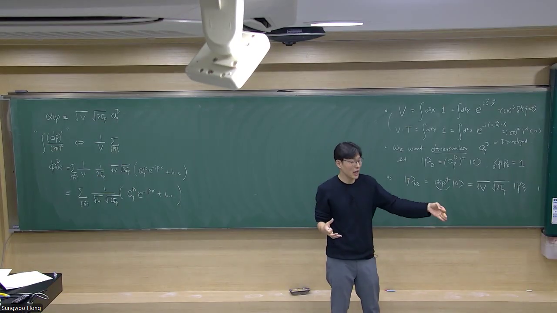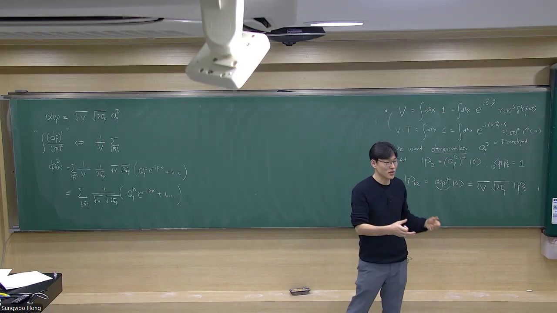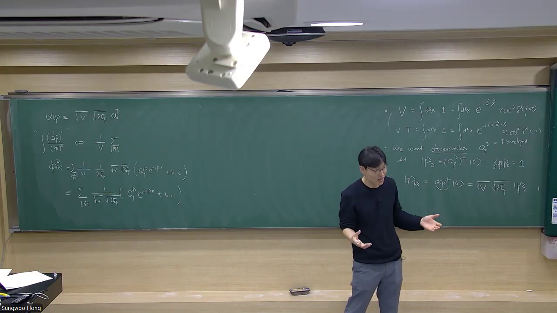But if the state itself carries dimension, a different final state number will have a different dimension. So then you have to struggle yourself to get the correct dimension.